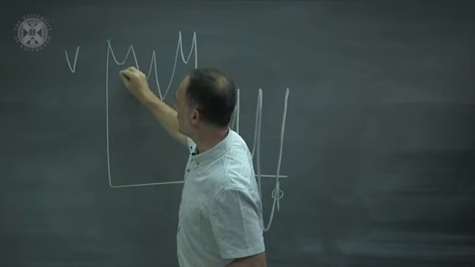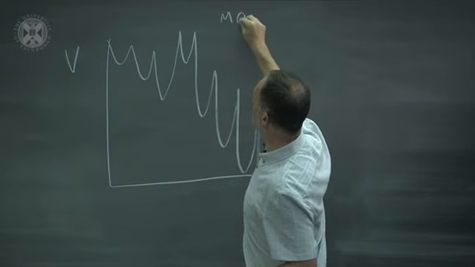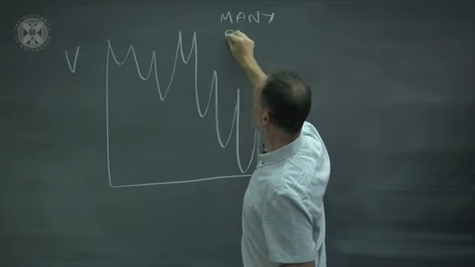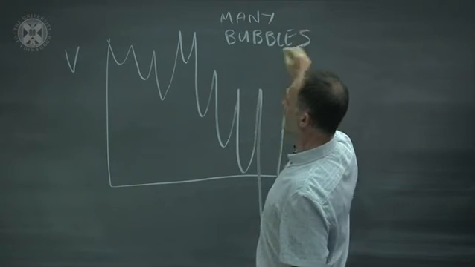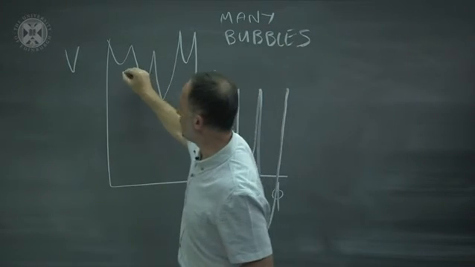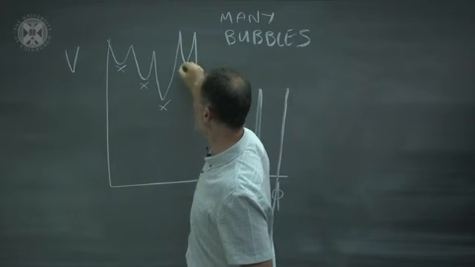And imagine that each of these minima corresponded to a different inflationary bubble. So this would be one universe. It has a high vacuum density. So does this. So does this.